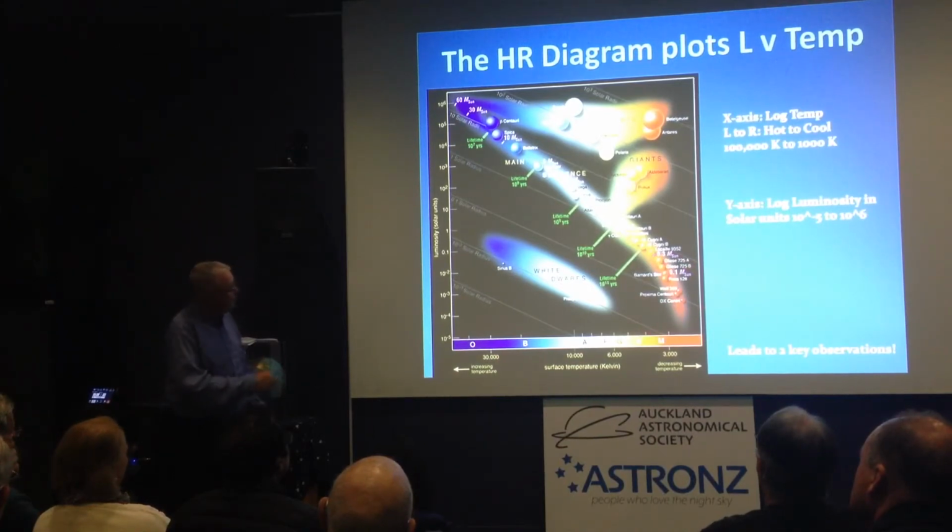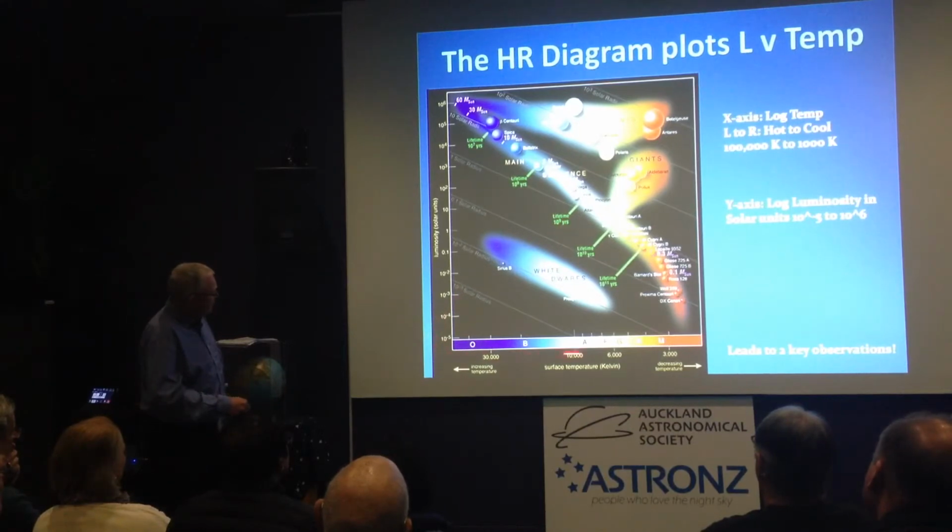And sure enough, it did. Nice, beautiful little groups. So that's your x-axis, your temperature, y-axis luminosity. It's in logarithmic scales to put the large ranges in, and you've got hot here and cold here.